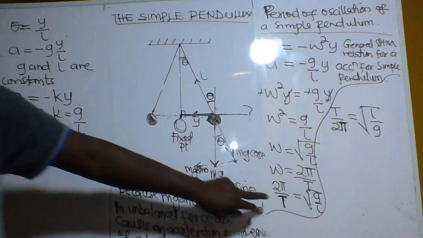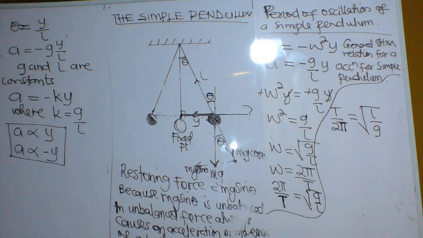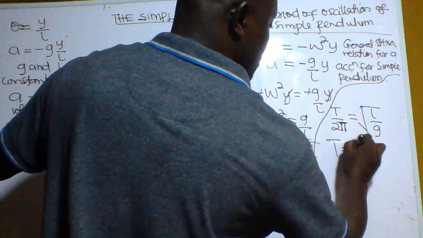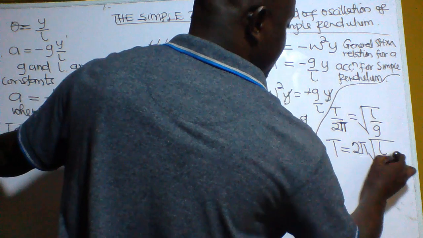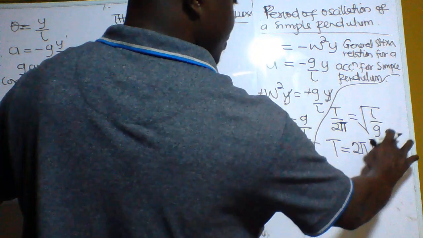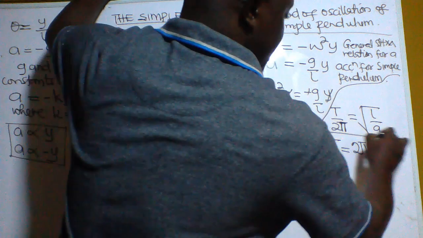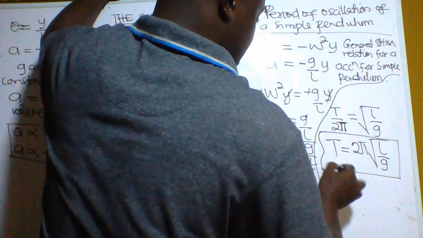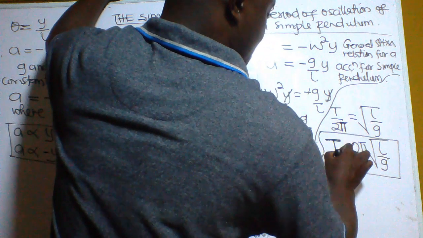So when you take the reciprocal of the left hand side, you have to take the reciprocal of the right hand side as well. When you make T the subject, you have T equals 2 pi times the square root of L on g.